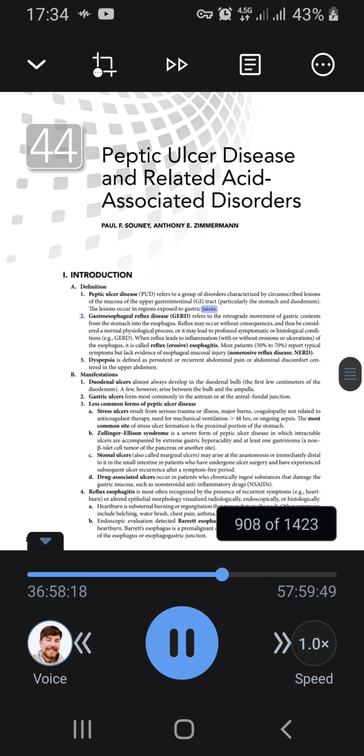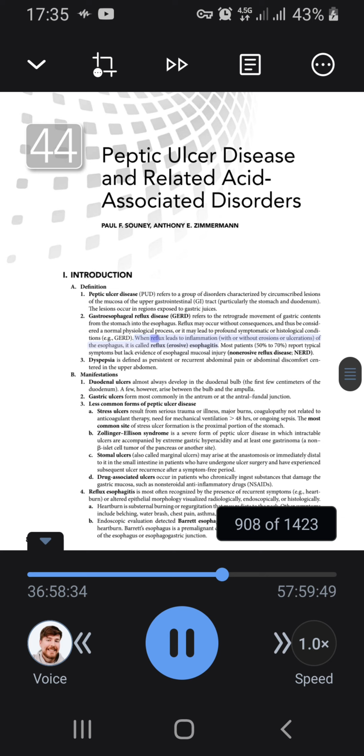2. Gastroesophageal reflux disease (GERD) refers to the retrograde movement of gastric contents from the stomach into the esophagus. Reflux may occur without consequences, and thus be considered a normal physiological process, or it may lead to profound symptomatic or histological conditions, for example, GERD.